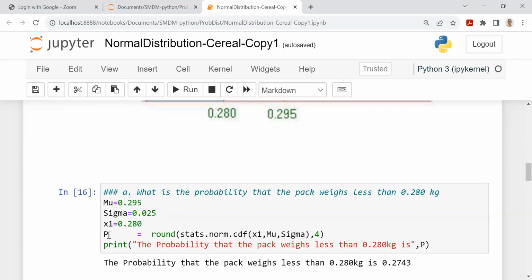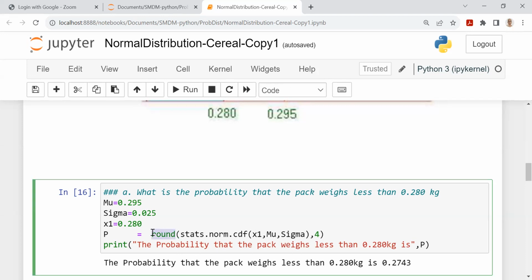So P is equal to stats.norm.cdf of x1, mu, sigma, comma 4, rounding this to 4 decimal places so that the output looks elegant. Print within quotes the probability that the pack weighs less than 0.28 is, P.